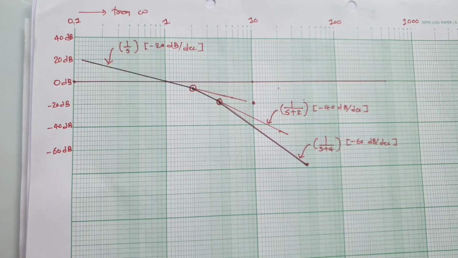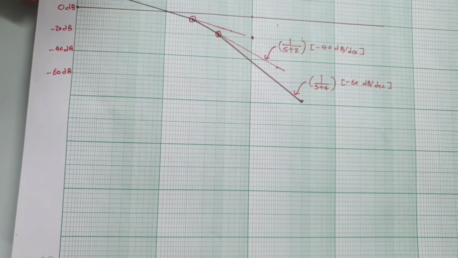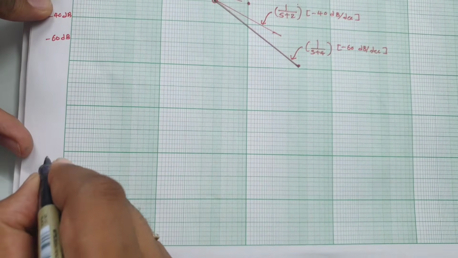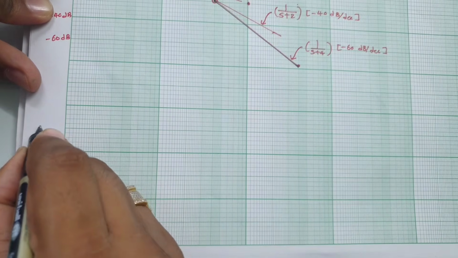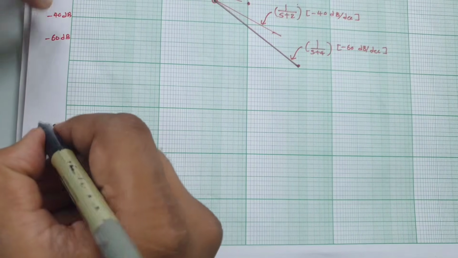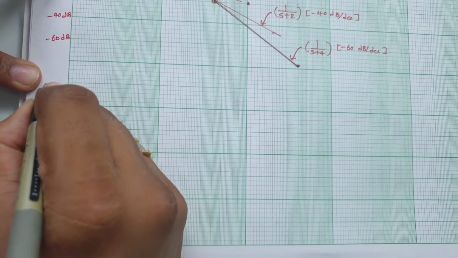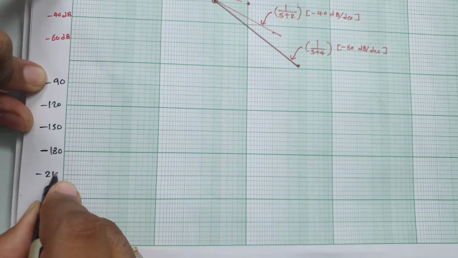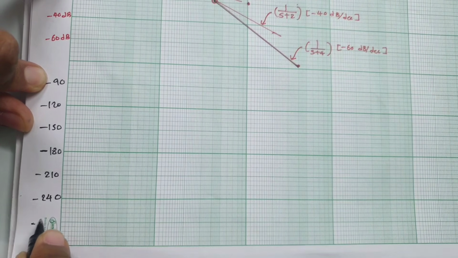Now let us have a phase plotting. For phase plotting, all I'll be doing is considering minus 180 degree over here, here minus 150, here minus 120, here there is minus 90, here there is minus 210, minus 240 and minus 270.